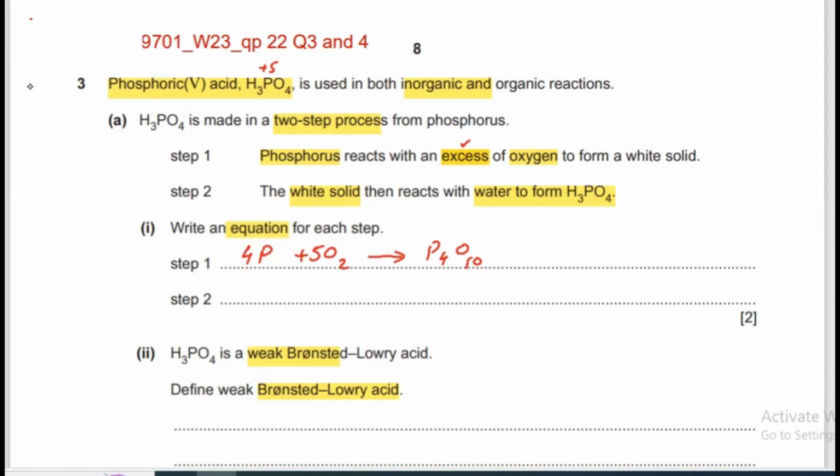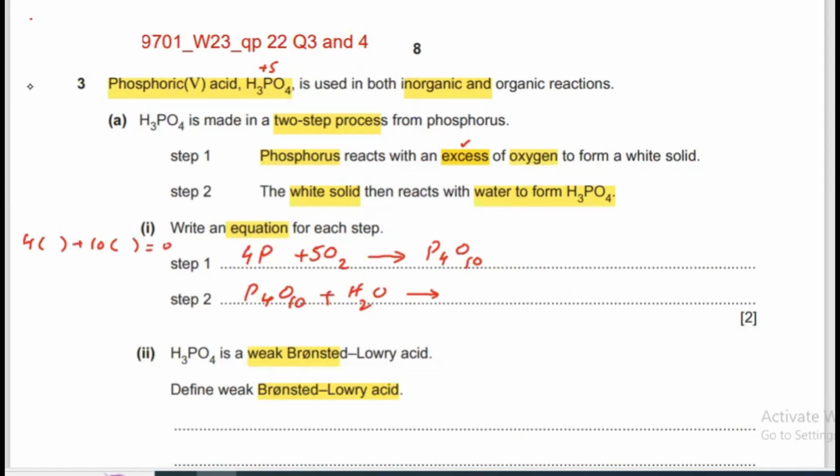Now this is the white solid, and when it dissolves or reacts with water, P4O10 will give the product of the same oxidation state. In P4O10, the oxidation state of phosphorus is +5. How? There are 4 phosphorus and 10 oxygen, and the sum is 0 because the sum of oxidation states in a compound is 0.